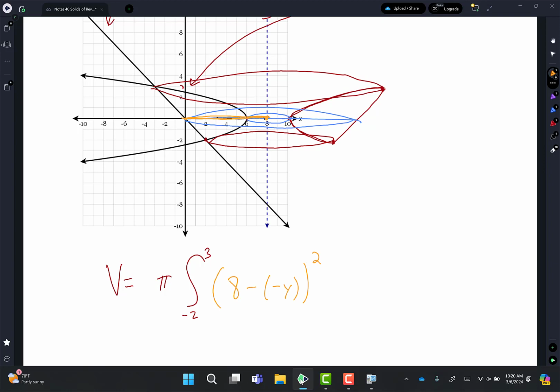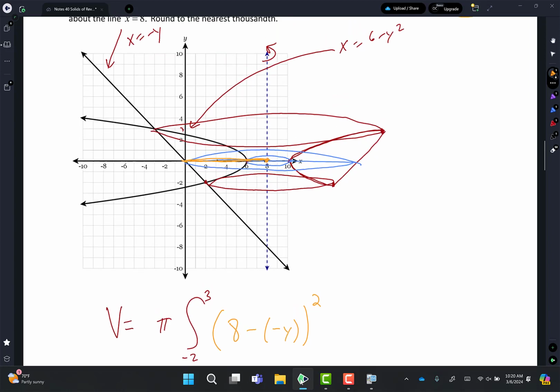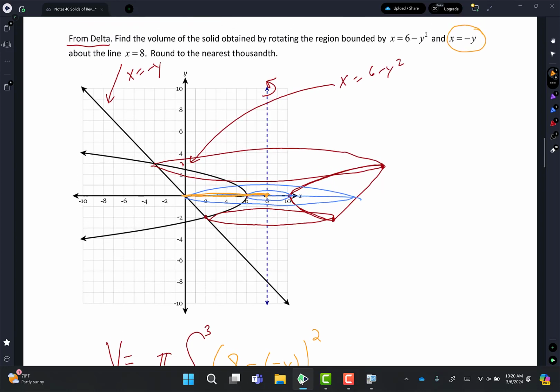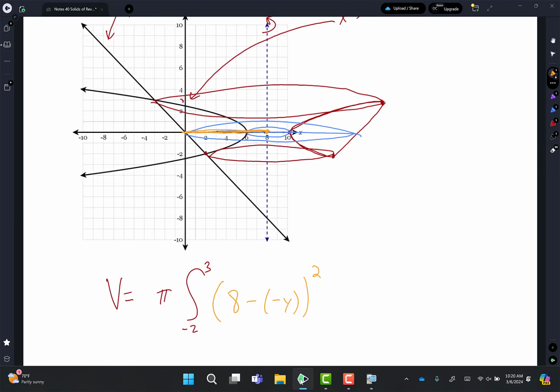And I know what some of you are saying, what if you're over here and the y is a negative value? Watch, if you're down here, it's a -2. 8 minus a -2, it's going to turn to a plus, and it'll be, well, hold on. No, it's right. It's correct.